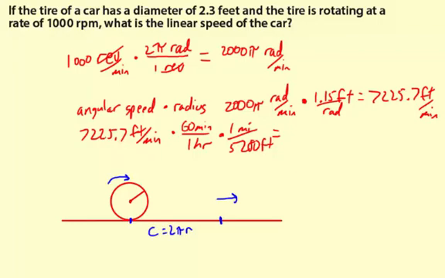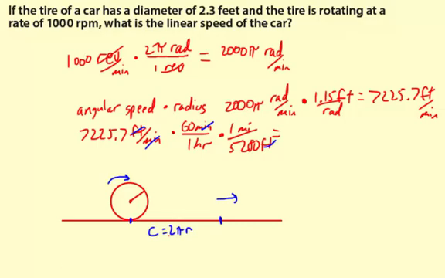So let's look at the setup here. 7,225.7 feet per minute times 60 minutes per 1 hour, and the minutes will simplify out there. And then I'm multiplying by 1 mile per 5,280 feet. Notice you have feet in the numerator here, feet in the denominator here. You're left with miles in the numerator, hour in the denominator. That's how you know it's going to be a valid unit conversion.